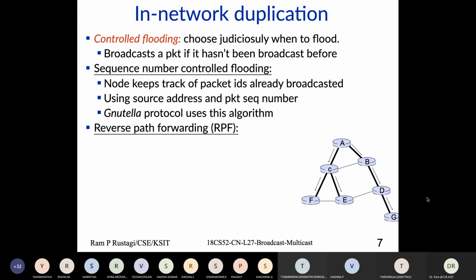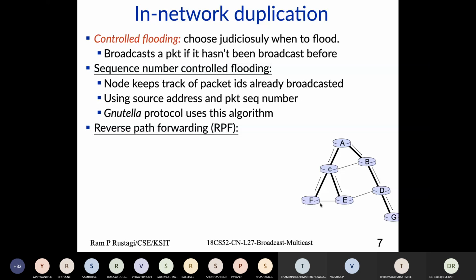When E receives a packet from A to C, C to F, and F to E, it decides F is not on my shortest path to A. That means I would certainly receive a packet on my shortest path from C. So when E receives a packet from F, it would not forward it.